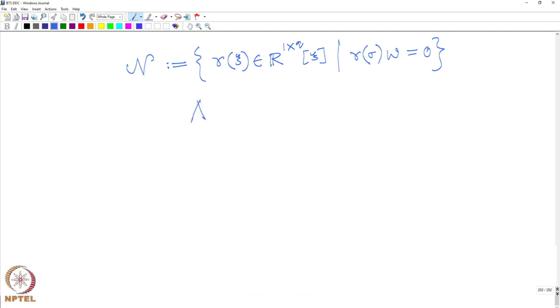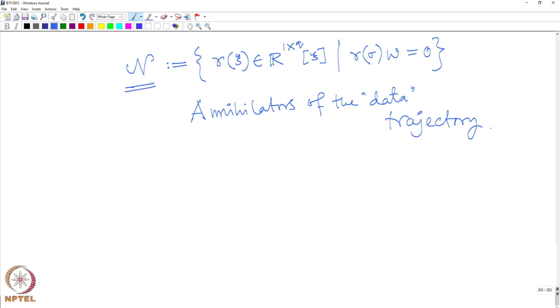This is the set of annihilators of the data trajectory. Notice that this n, the way I have defined it, obviously is a submodule of this module, right. You can easily verify that this is closed under addition and multiplication, and all the other properties come automatically inherited from the module property of R^(1 cross q)[xi].